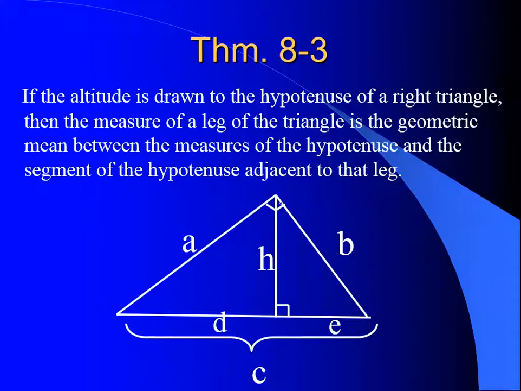So here's our altitude. When we draw it, again, it's going to split that hypotenuse into two parts. This time we're finding one of the legs. The leg here is the geometric mean between the entire hypotenuse and the part of the hypotenuse that connects to that leg. So A is the geometric mean between the entire hypotenuse and the piece of that hypotenuse that touches that leg.